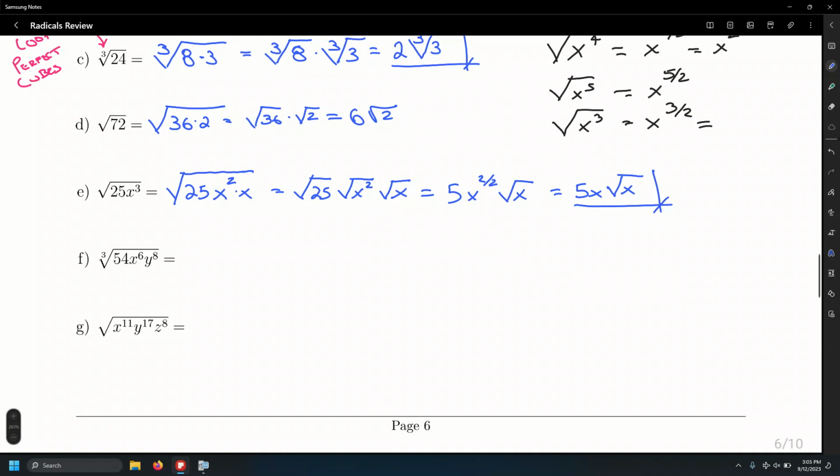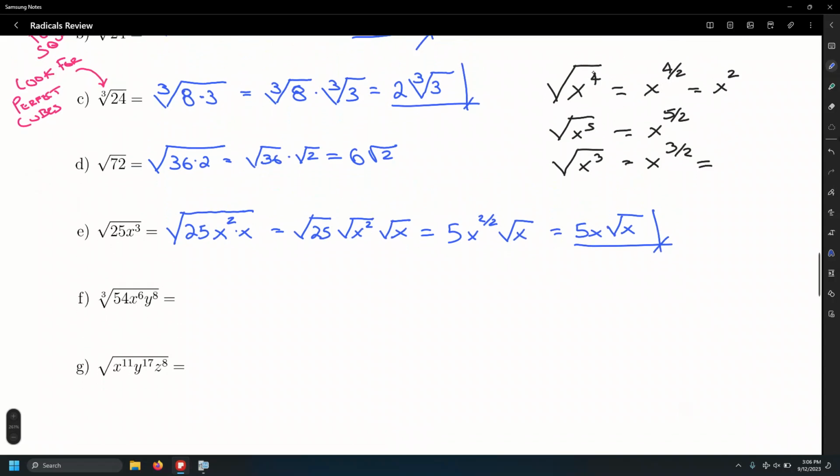The cube root of 54x to the 6 y to the 8th power. How are we going to compute that one? Notice that in order to determine whether these powers of x are perfect squares, we divided the power by the index, and if it goes evenly, then it is a perfect square. Like x to the 4 is a perfect square because the exponent 4 is divisible by the index and we get a nice integer.